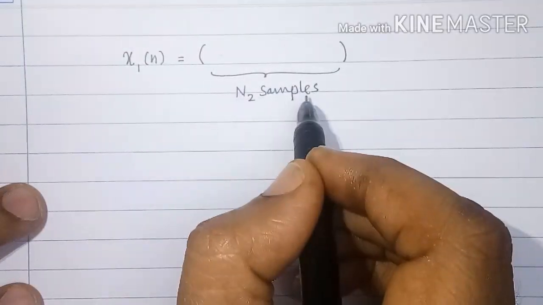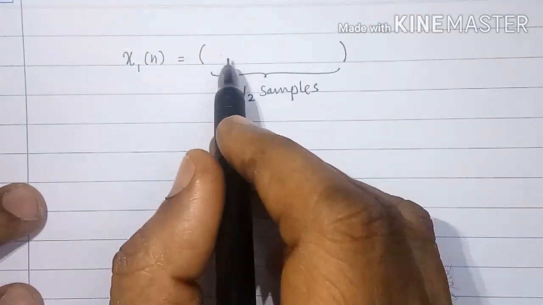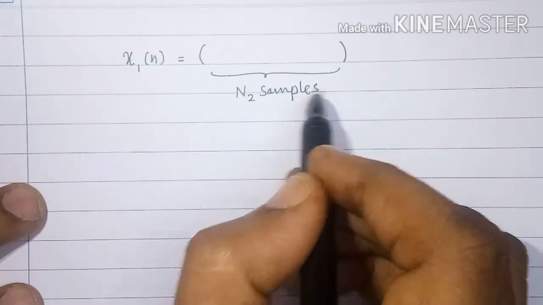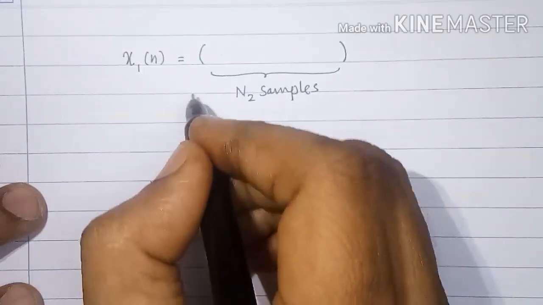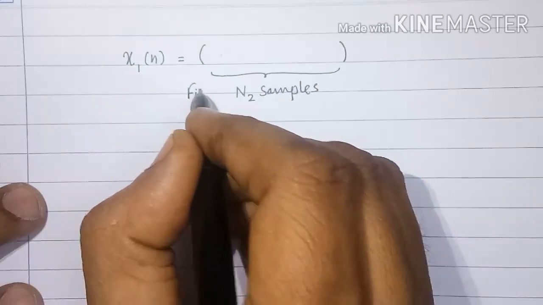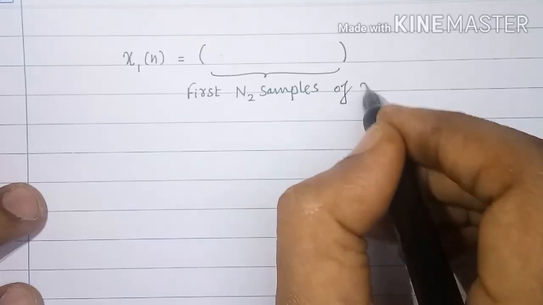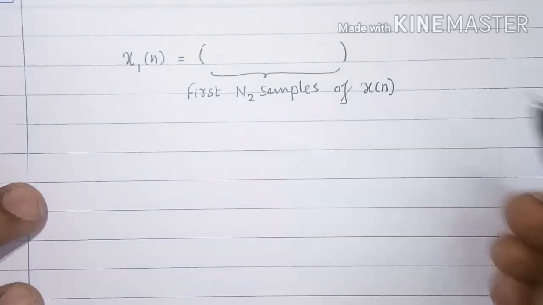And these N2 samples will be the first N2 samples of x of n.